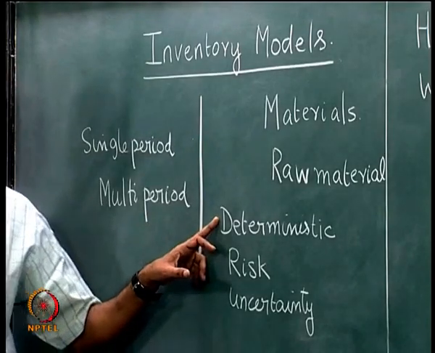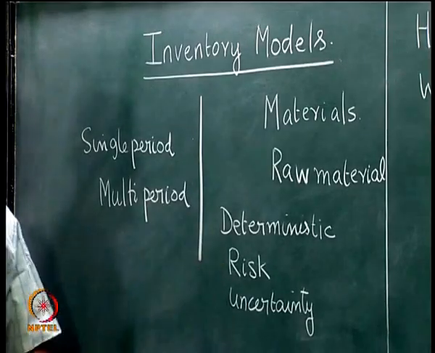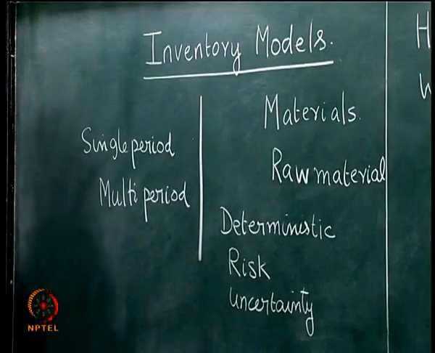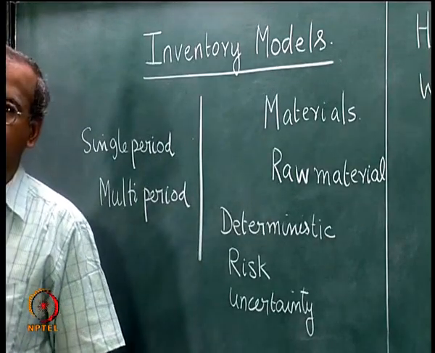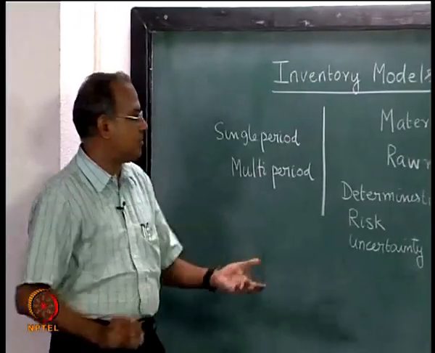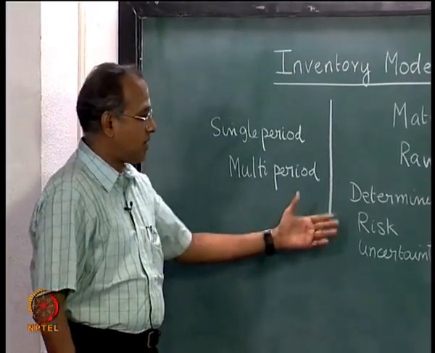Deterministic means the annual demand is known and known with certainty. Risk would mean that the demand is not deterministic, it follows a certain distribution and the entire distribution of demand is known, then it is called problems under risk.